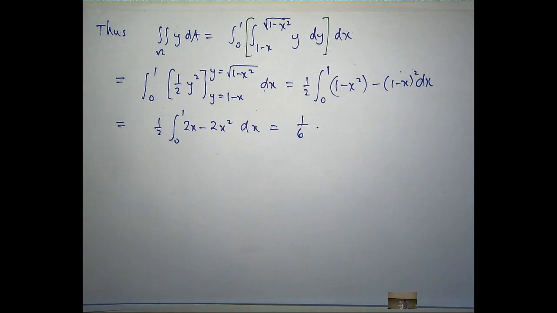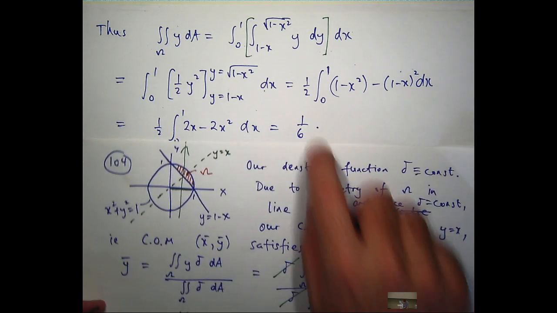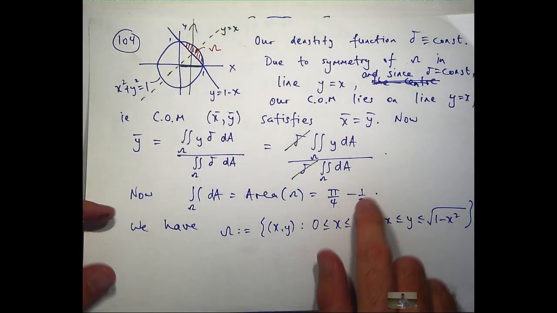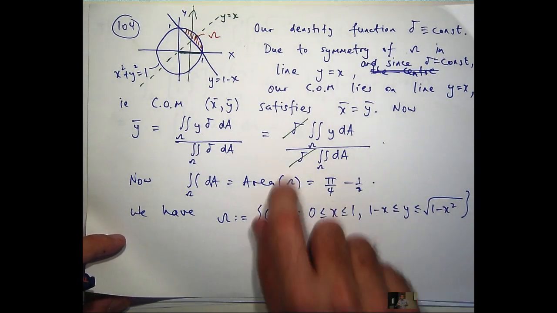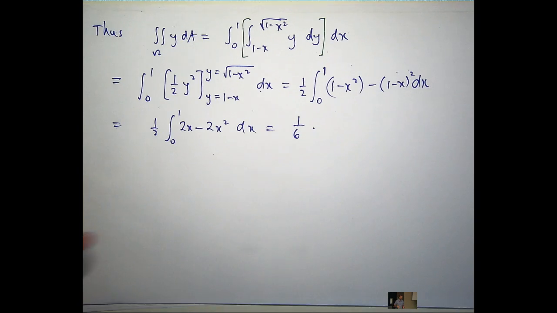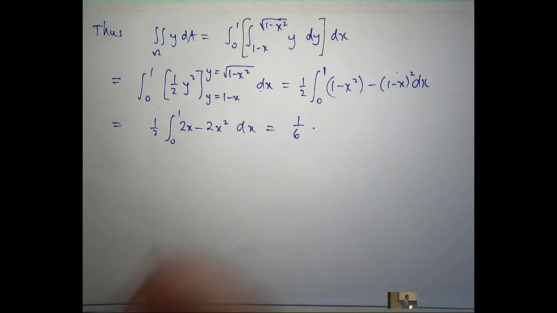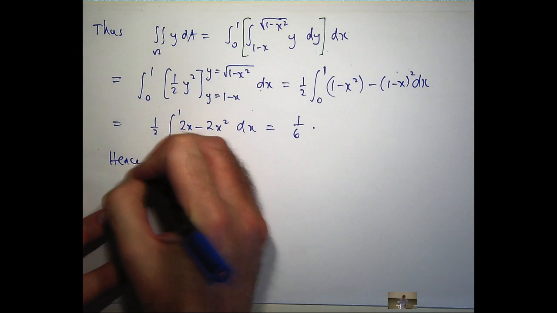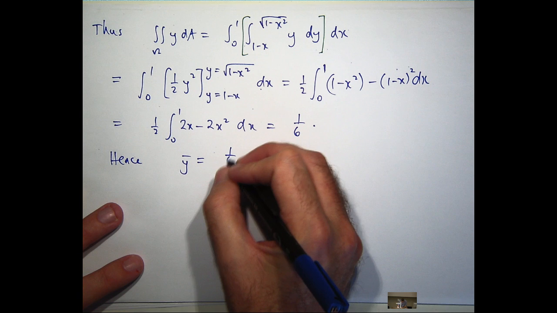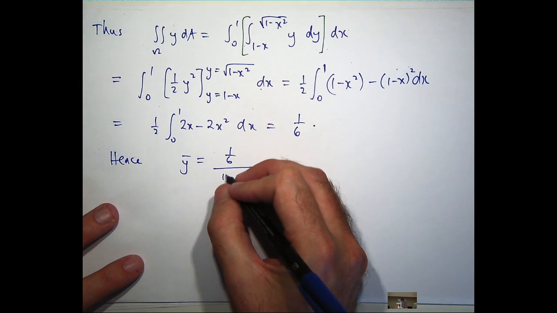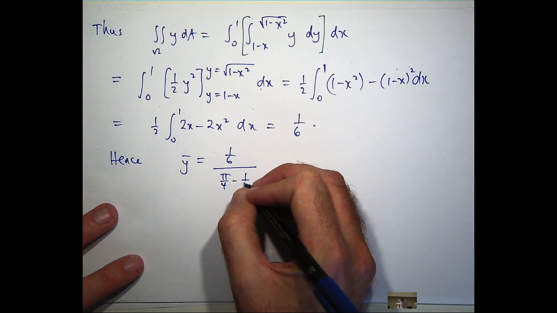Okay, so to get our centre of mass, what you want to do is take that and divide it by that. Okay, so we're just applying this little formula here. So our y bar is just 1/6 over pi on 4 minus a half.